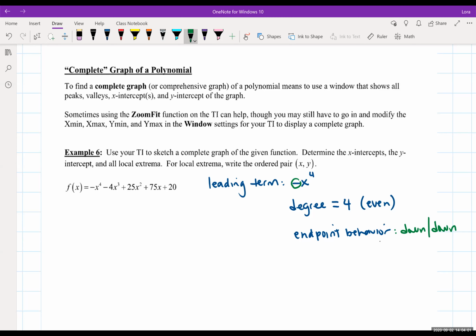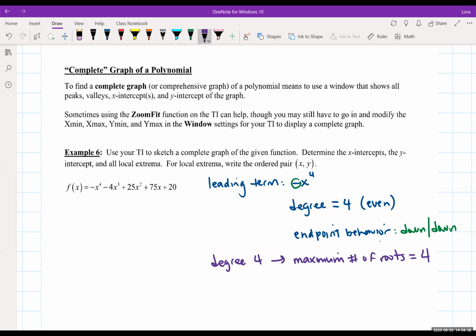The other thing I'll toy around with is again using the degree to determine my maximum number of roots. So again, the degree is 4. So that tells me that the maximum number of roots, or sometimes zeros or x-intercepts, will be in fact the same as the degree.